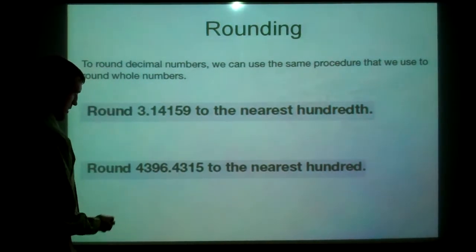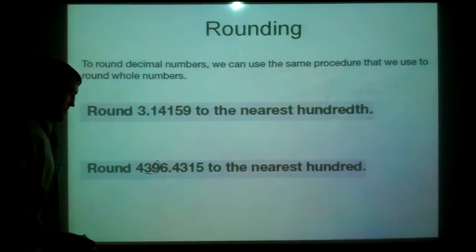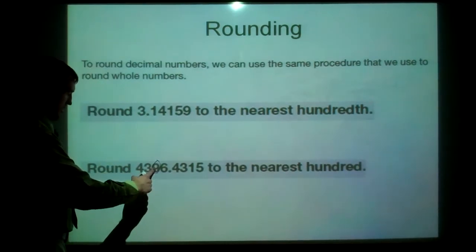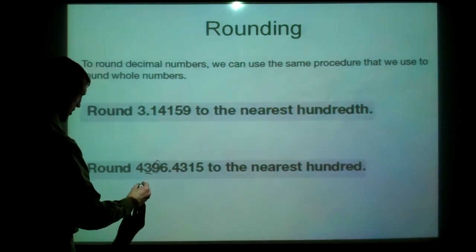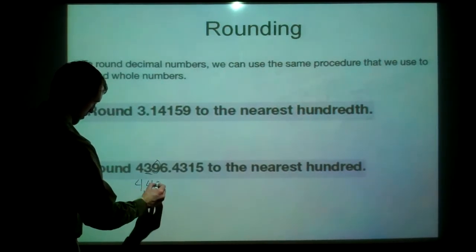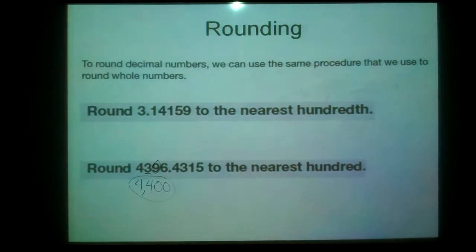So we're going to round the hundreds by looking at the tens spot. Alright, 9 is 5 or bigger, so we're going to round this up. And we should get 4,400 for a rounded answer there. 4,400. So we got to be careful as to which place value they're talking about there.